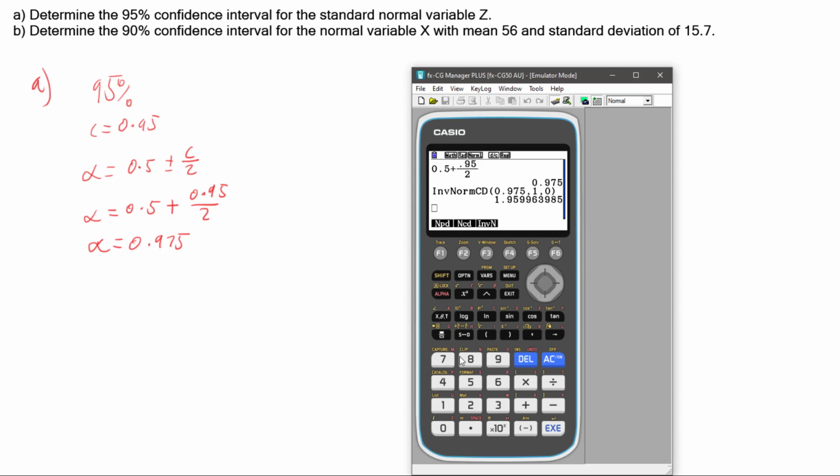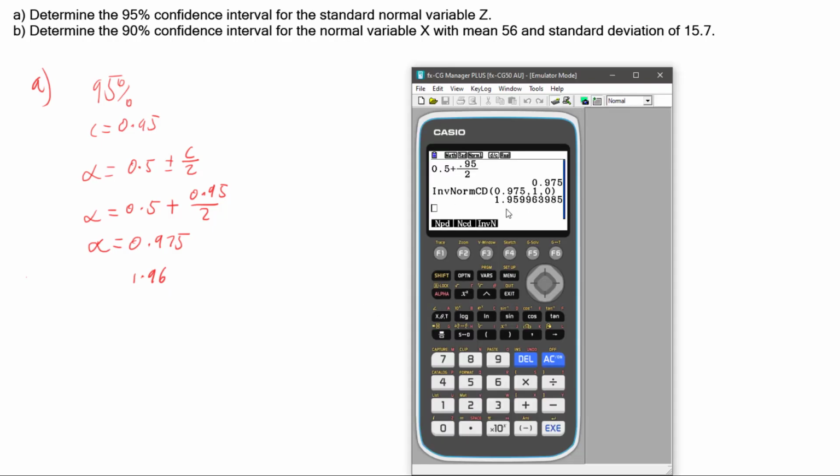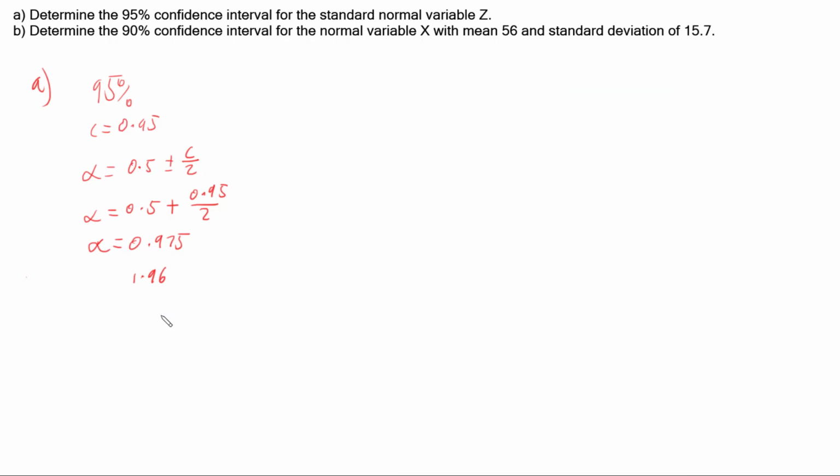Press execute, and we have 1.95996. We'll round that to 1.96. So that's going to be our Z value.